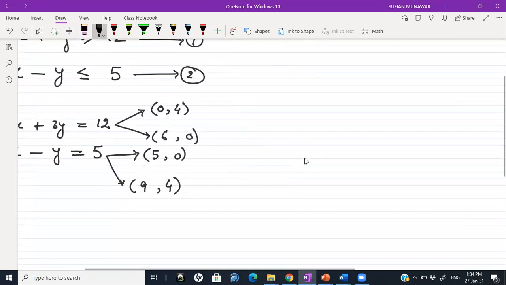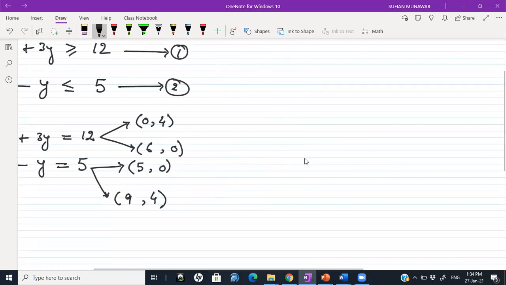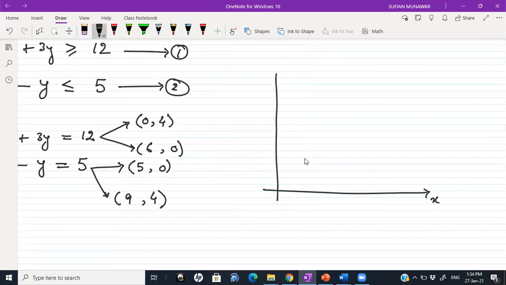Okay, a sketch of these two inequalities. I will just draw the coordinate system. Here we have x, and here we have y. Now we need a scale, 0, 6, 5, 9. So maximum x will go to 9.